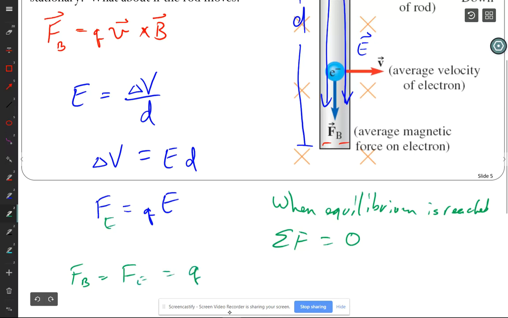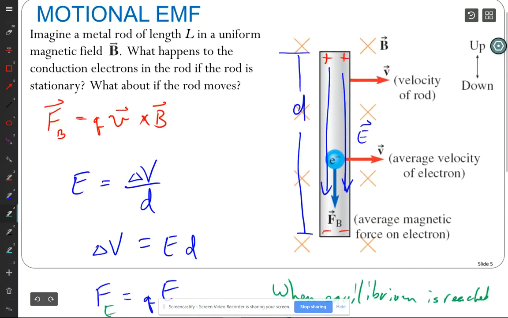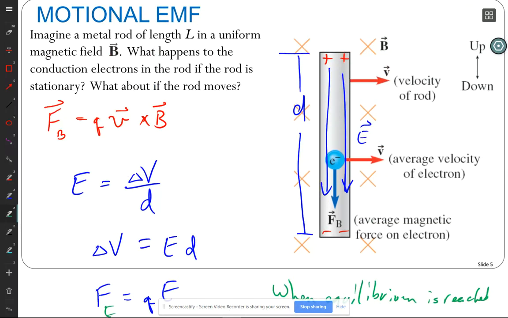And so that's going to be QVB. Why is the force magnetic? Up here I put the force vectors QV cross B. Why did I right now just write force magnetic is QVB? There's an important aspect that has to be true for me to make that change. From what to what?